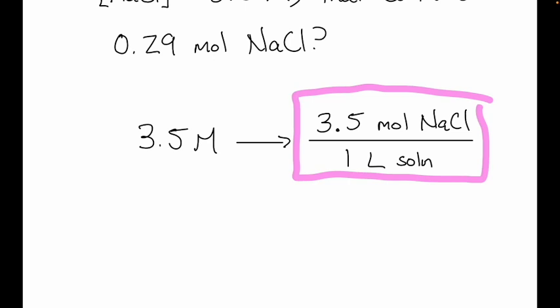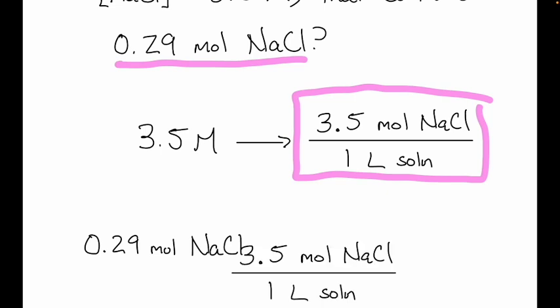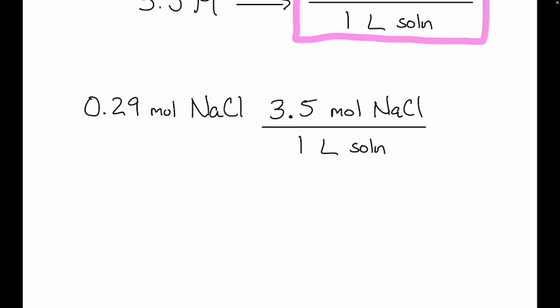My problem gives me this 0.29 moles of sodium chloride, so let's put that out front. Now I have to use this term. Am I just going to multiply it as is? What's the problem? My units don't cancel out.